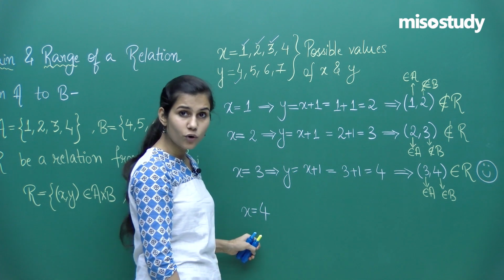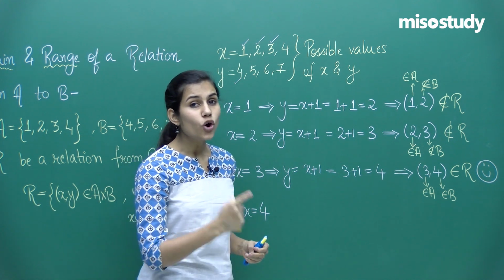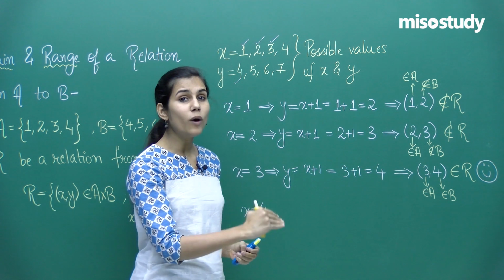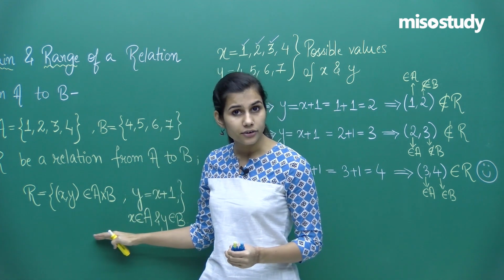Well, if x is 4, what is that y corresponding to which x comma y can come and land inside R?